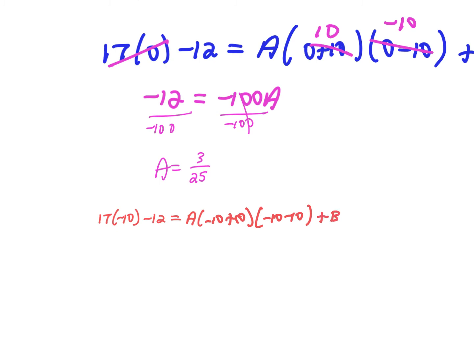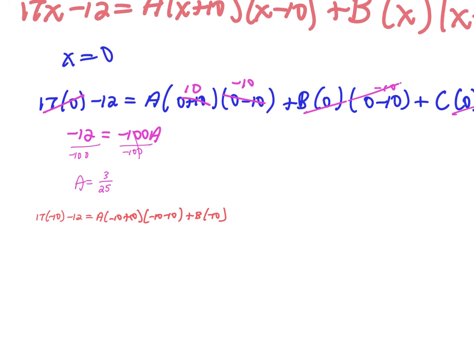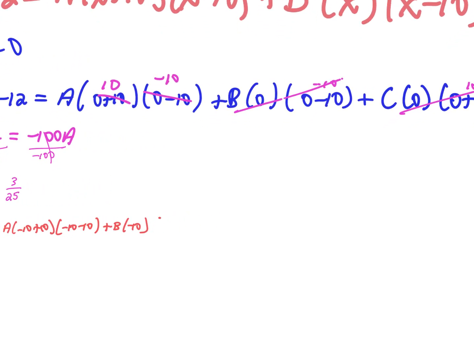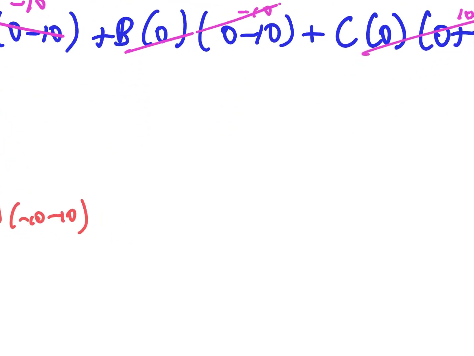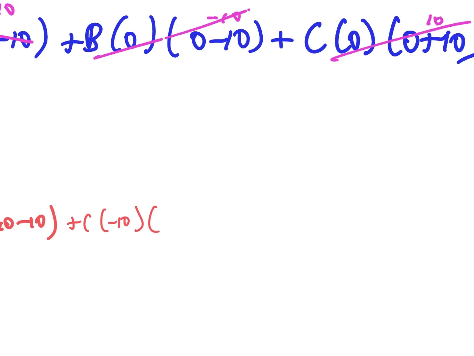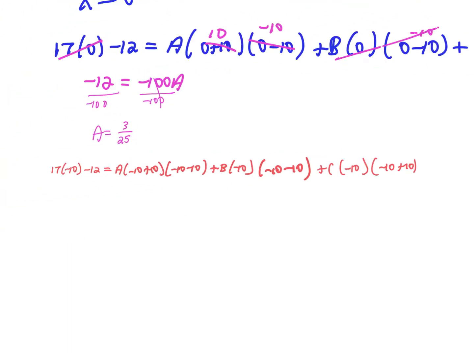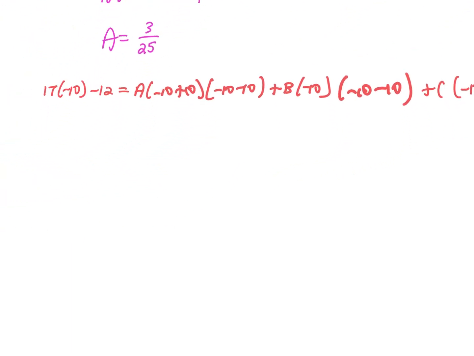Plus B, which is negative 10 times negative 10 minus 10. And then plus C, which is negative 10 times negative 10 plus 10. Again, it looks like a problem, but it's really not that big of a deal.